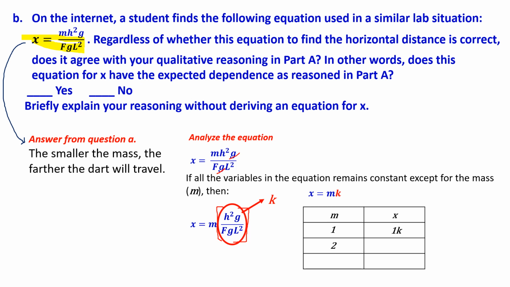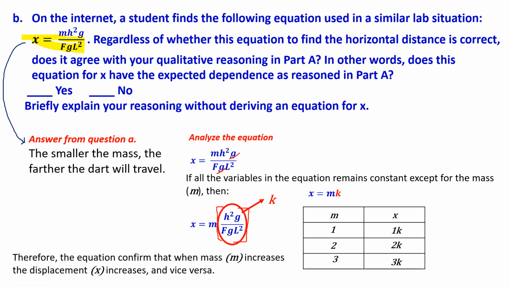If I change M into 2, I will have a value of X equivalent to 2K. If it's 3, it's 3K. Oh, so the trend already shows that this is in contrast to what our answer to letter A is. The equation confirms that as the mass increases, the displacement X increases.